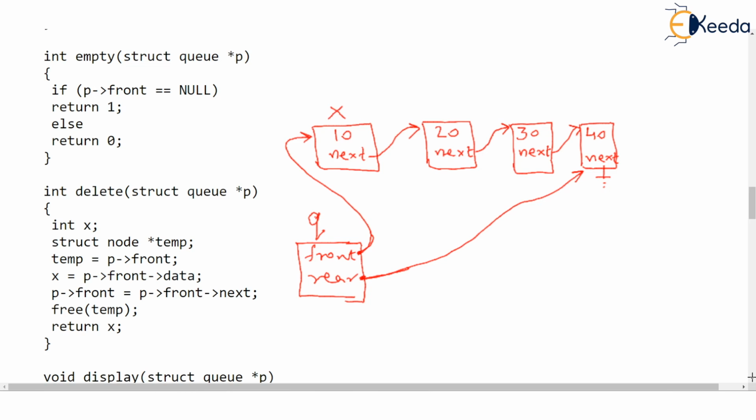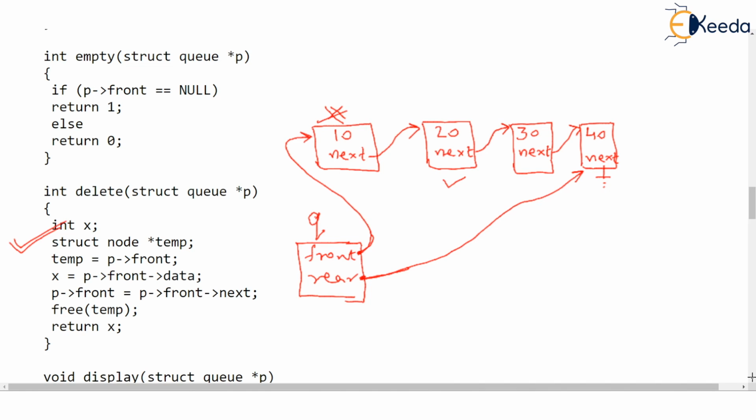Now think of the changes before you read the delete function. It's so simple after learning stack using linked list and after learning linked list programs in the past videos. Just tell me, if you want to delete this node, shouldn't 20 become the front?